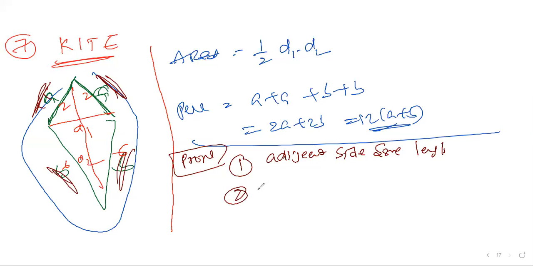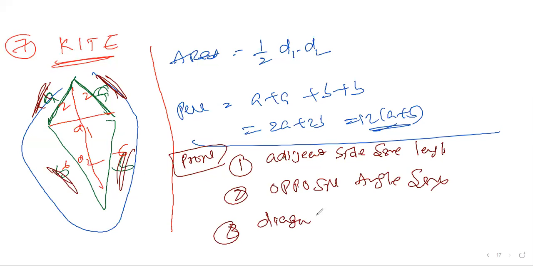Second one is opposite angles are same. Third, diagonals are not same, because this is D1, this is D2; both are different. Only adjacent sides are same. These are the properties of a kite. Clear?